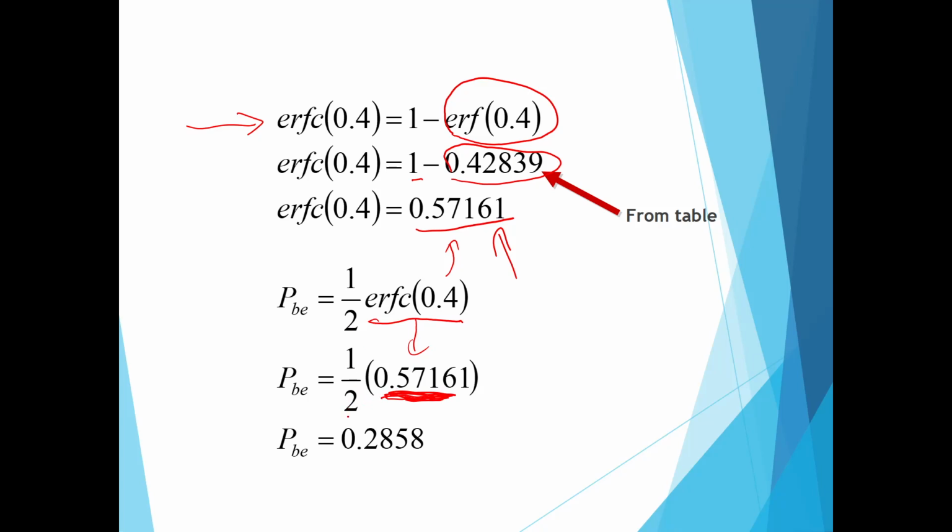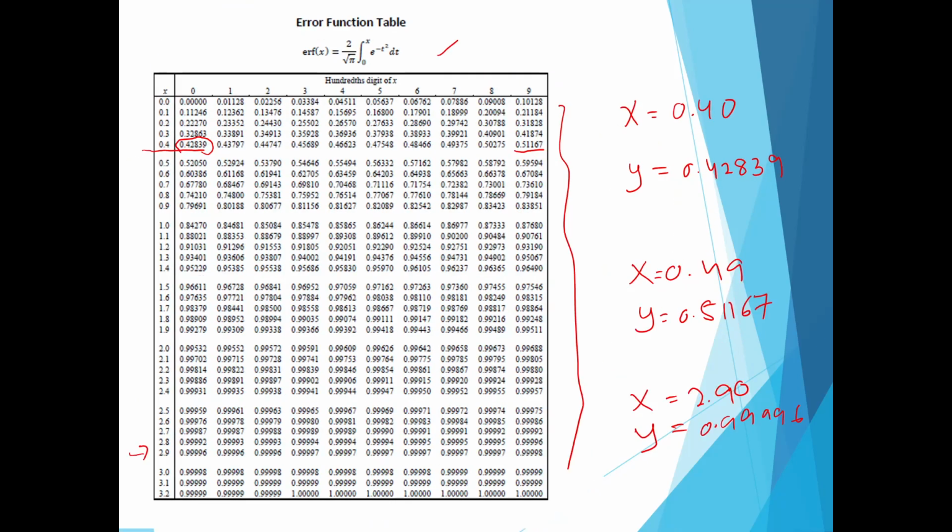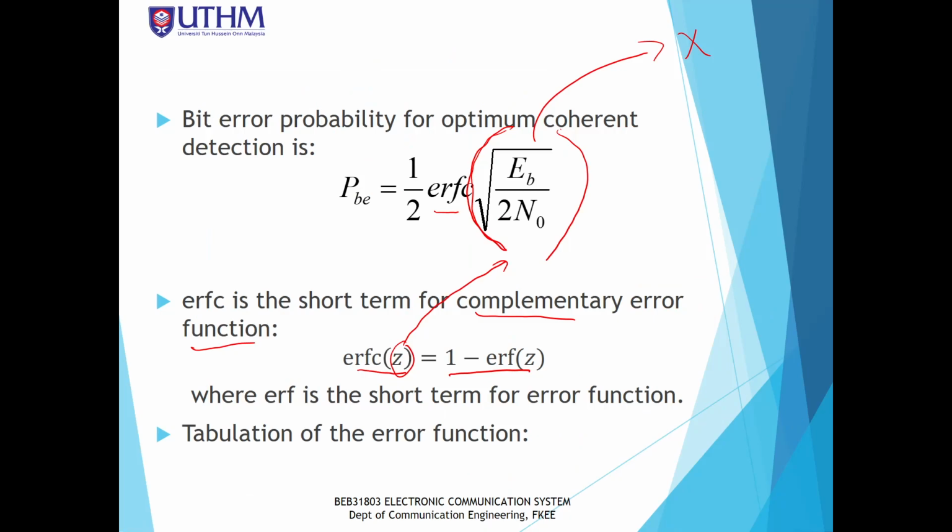Remember to multiply with 1 over 2, so you get probability of bit error would be 0.2858. So this is the probability of bit error if we are using coherent detection. This probability of bit error happens at the receiver if we use a coherent detection method.